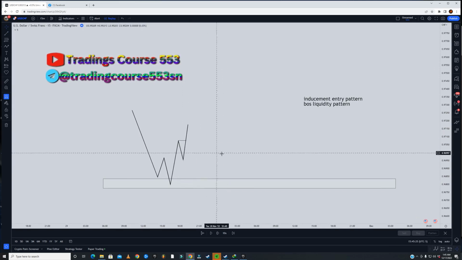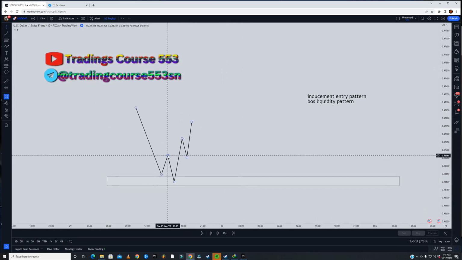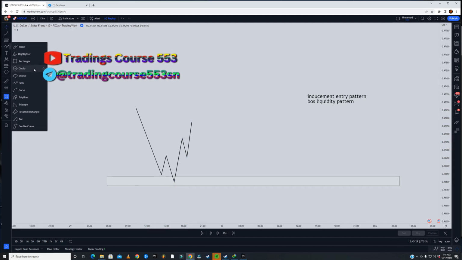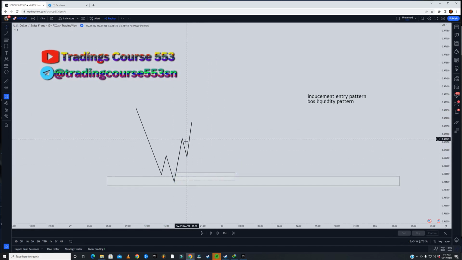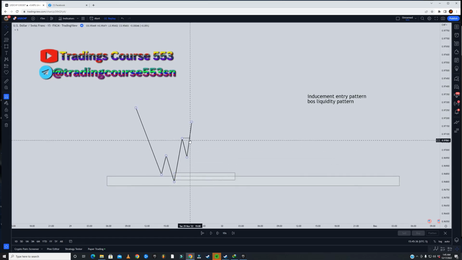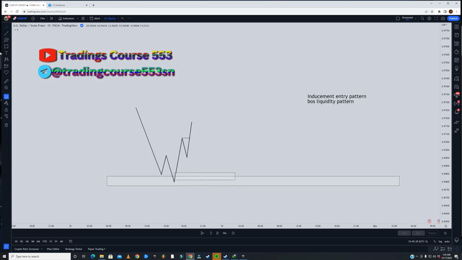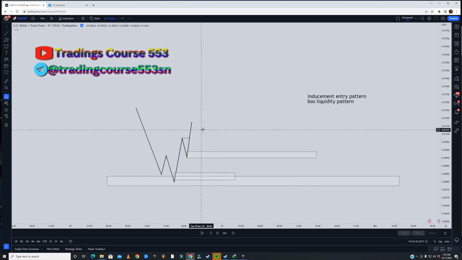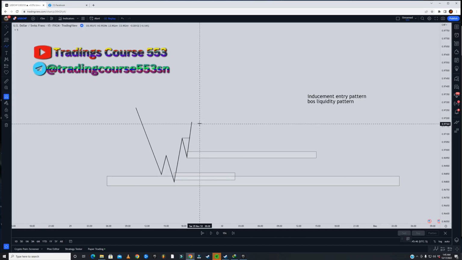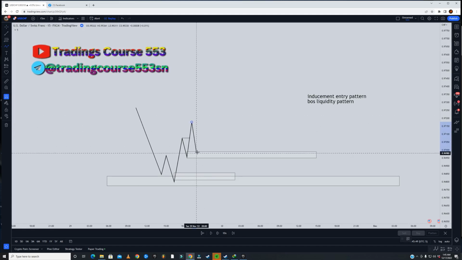We have this fair value gap with order block, and price never came back here, and before it came back here, it made another higher high. Now a lot of people will take their entry from this level, considering that this is a break of structure.